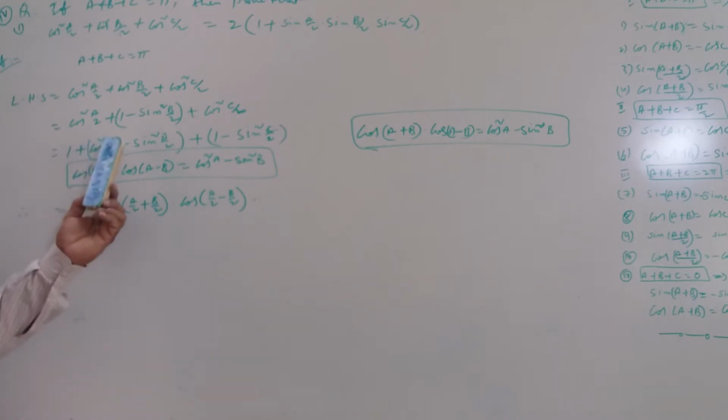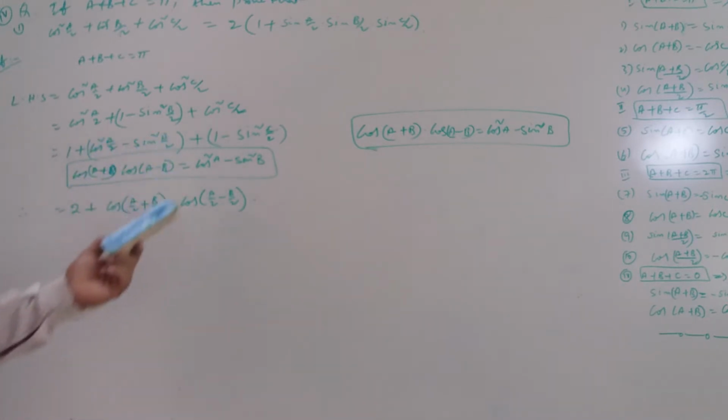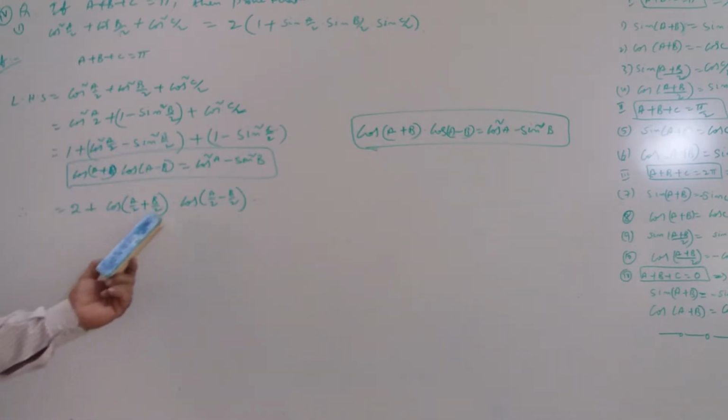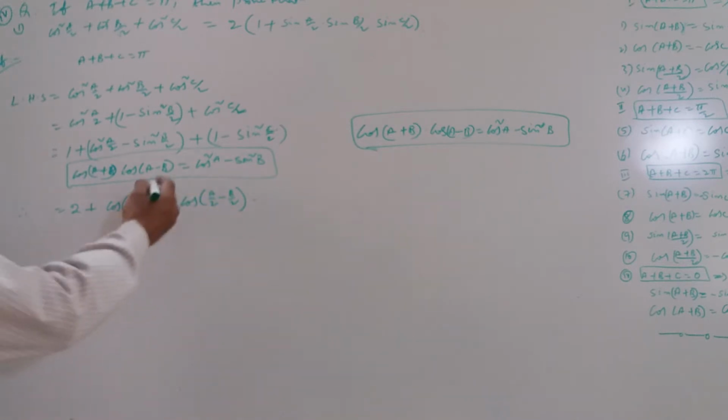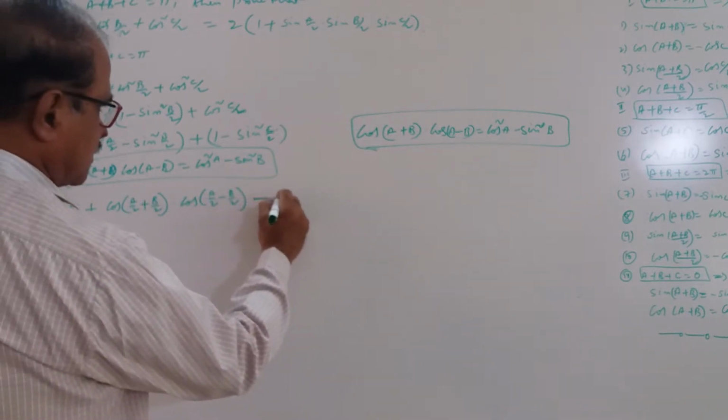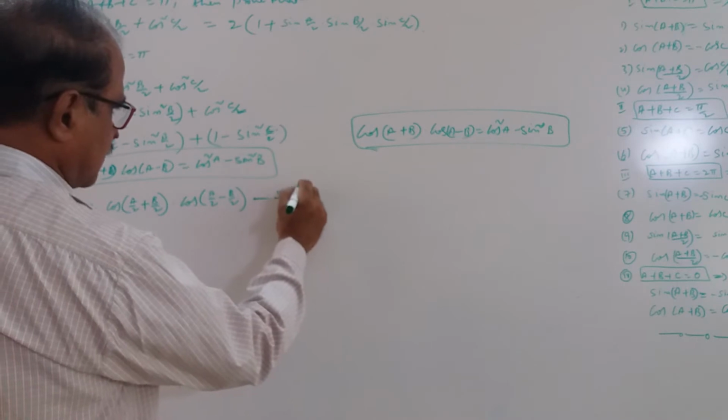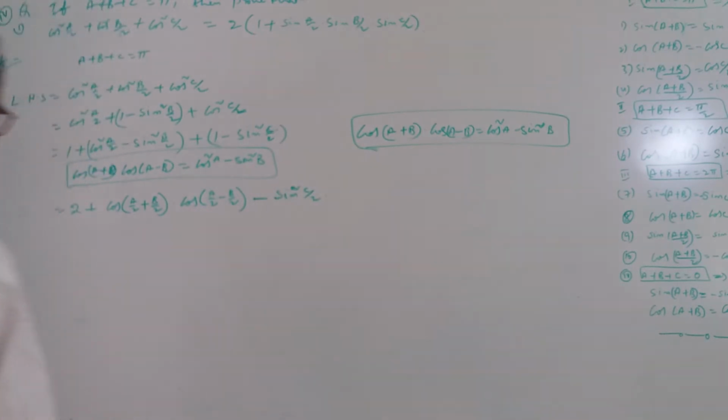I wrote cos a plus b by 2 into cos a minus b by 2 instead of cos square a by 2 minus sin square b by 2, by using this formula. Minus sin square c by 2 is there. So 2 plus, what is the simplification of this one? Cos a by 2 plus b by 2 is equal to cos a plus b by 2. By using this, a plus b plus c is equal to pi.